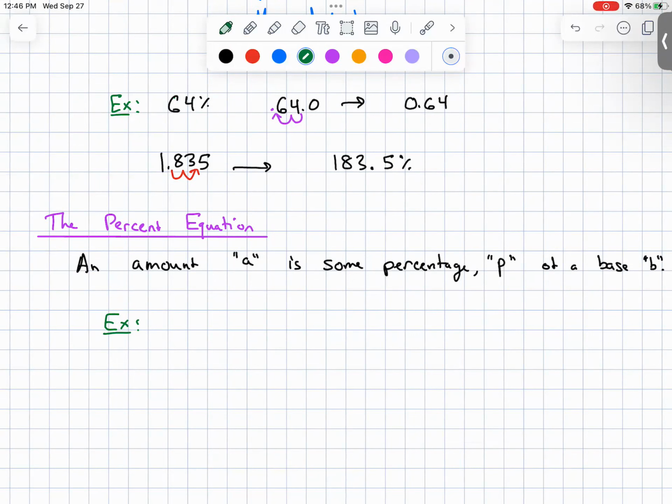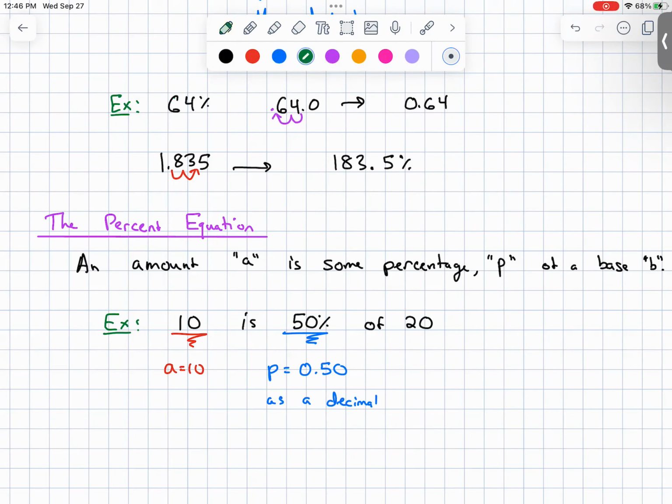So, for example, you could say 10 is 50% of 20. The amount 10 is our A value. The 50% is our P value, which is 0.50 as a decimal.